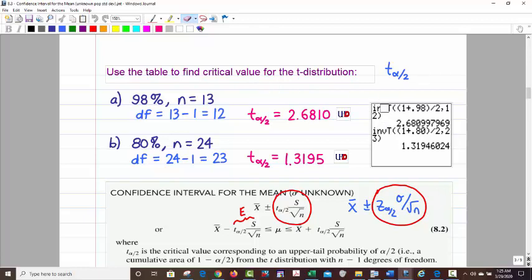The TI-83 doesn't even have this. But we don't need it. So suppose we're going to find a critical value for the T distribution. Now I'm just using T alpha over 2 instead of Z alpha over 2. So let's say it's 98% and n is 13. So if n is 13, we have 12 degrees of freedom.